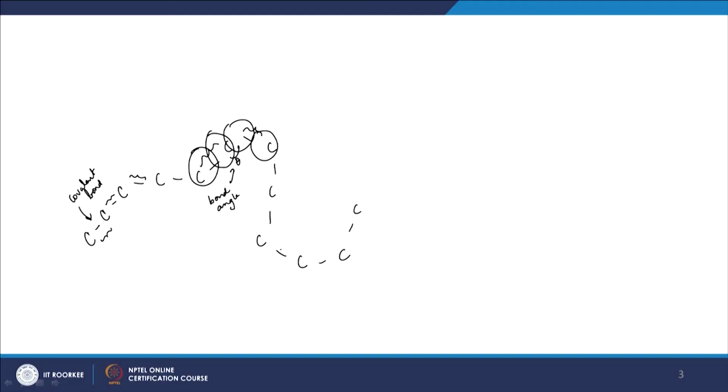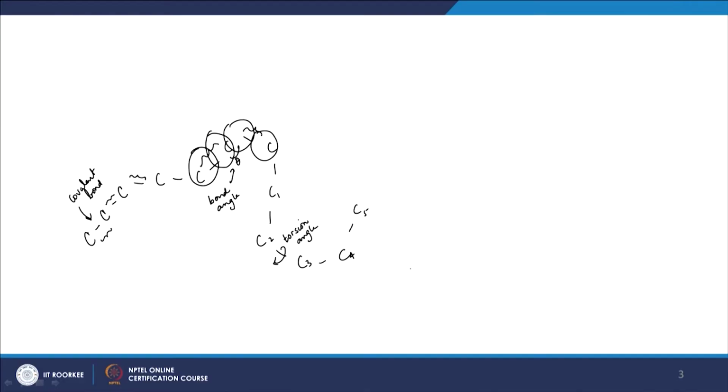Okay. And then if I look at, say, the 4 adjacent carbons, then what we have here is what is known as a torsion angle between, say, 1, 2, 3 and 4, and the torsion angle can be relatively weaker compared to the bond distance or the bond angle, and so on.